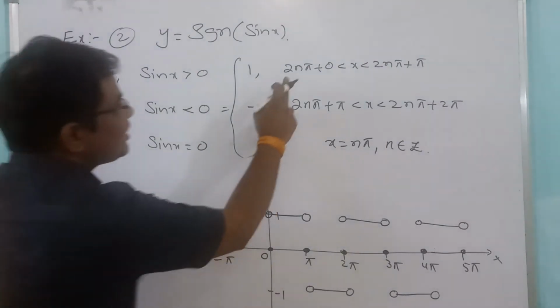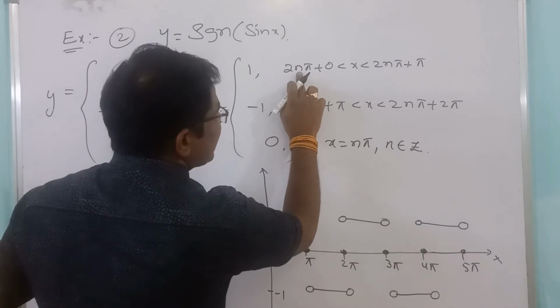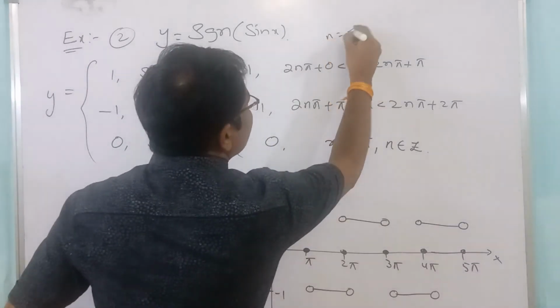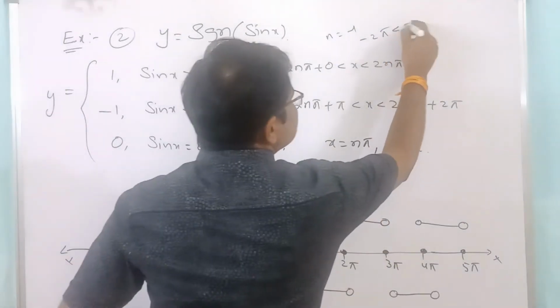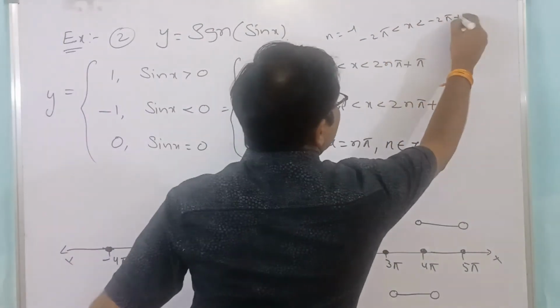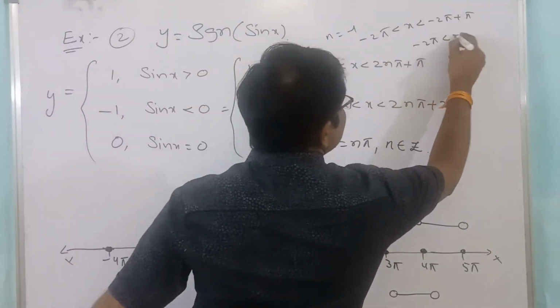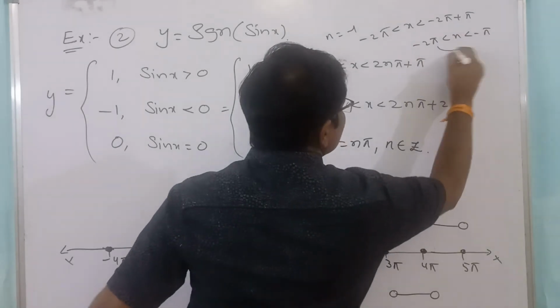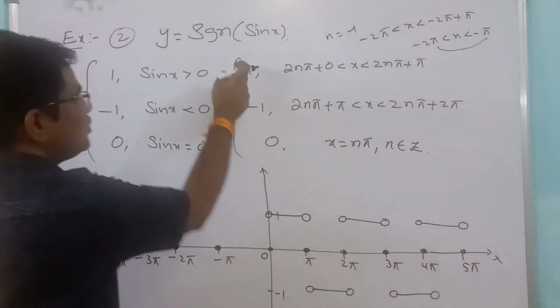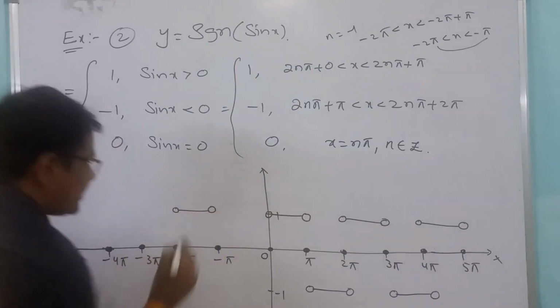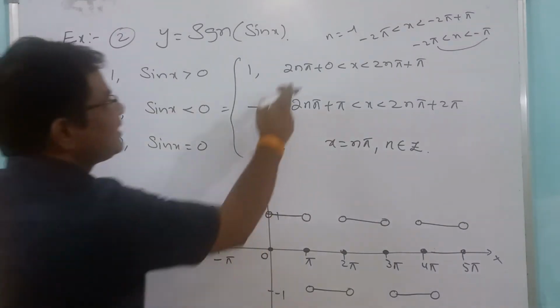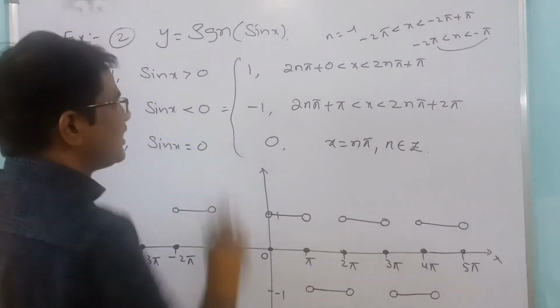If you take n equal to minus 1, if you substitute, minus 2 pi less than x less than minus 2 pi plus pi, means minus 2 pi less than x less than minus pi. So in this interval also y equal to 1. Minus 2 pi to minus pi, y equal to 1 only.